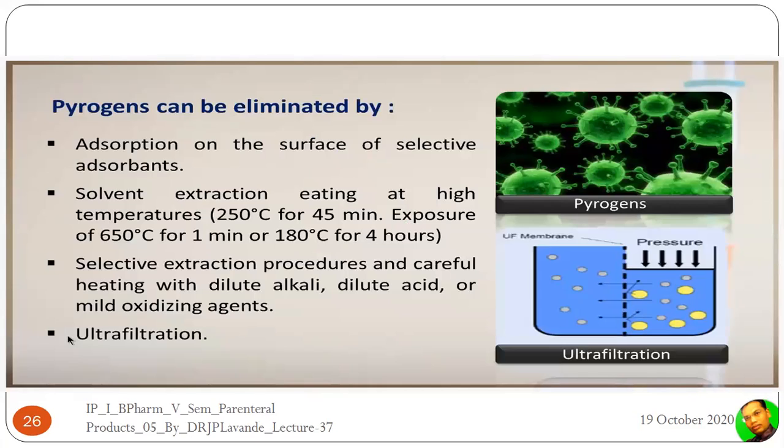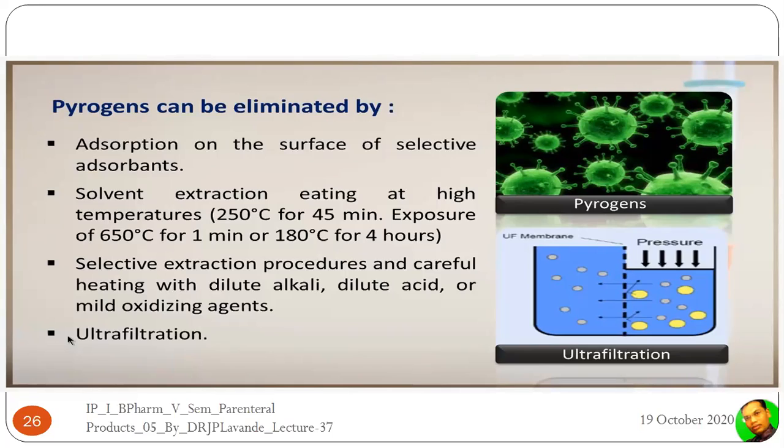Now, what are the methods by which we can remove or eliminate the pyrogens? Here are the methods: the adsorption method, adsorption on the surface of selective adsorbents. Different agents can be used as an adsorbent. Then heating and solvent extraction. Heating at a high temperature of 250 degrees Celsius for 45 minutes, or exposure to 650 degrees Celsius for 1 minute, or exposure at 180 degrees Celsius for 4 hours.